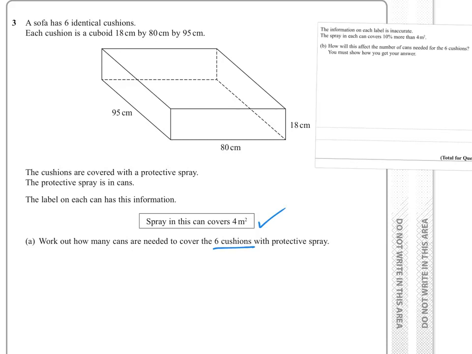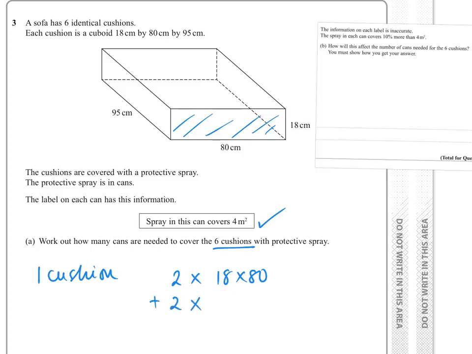So I would suggest that we work out the surface area of one cushion, and that would be 2 of these faces, so 2 lots of 18 by 80, and then 2 lots of these, which measure 18 by 95, and then two of these, the top and the bottom of the cushion, which is 2 lots of 80 by 95.